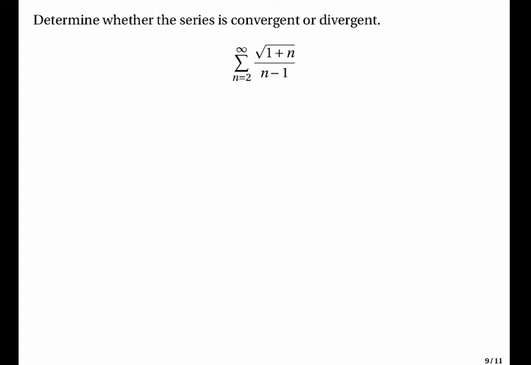For our next example here, we want to determine whether the series sum from n equals 2 to plus infinity of square root of 1 plus n over n minus 1 is convergent or divergent. Now, look at this.